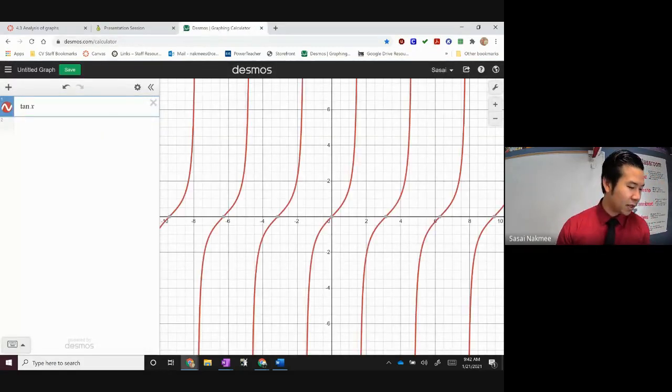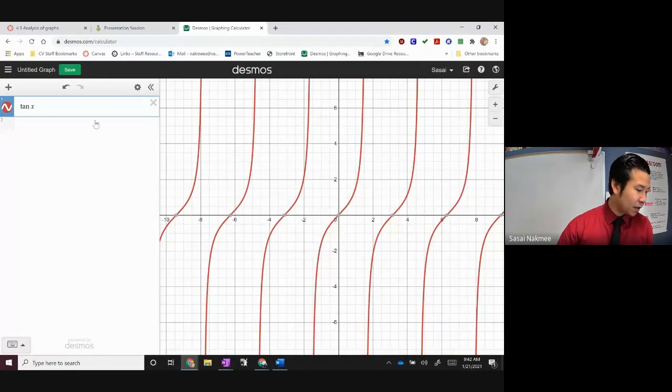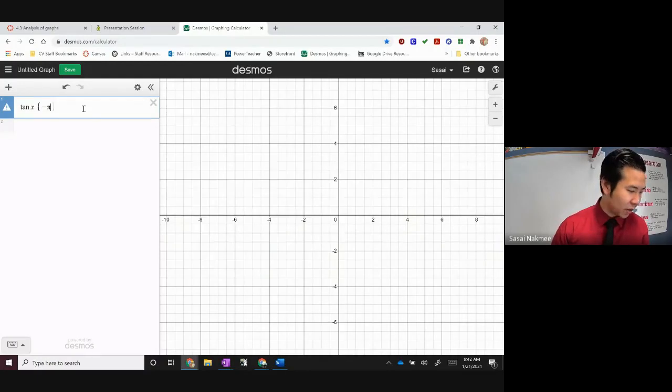If I was graphing tangent of x, I clearly see there are multiple parts of the function that look like they're discontinuous. There's a bunch of vertical asymptotes here, here, and here. But I'm looking at it just from -pi to pi. So let's see, where is that? One thing you could do on here is use a brace and type in the values that you want your x values to be between.